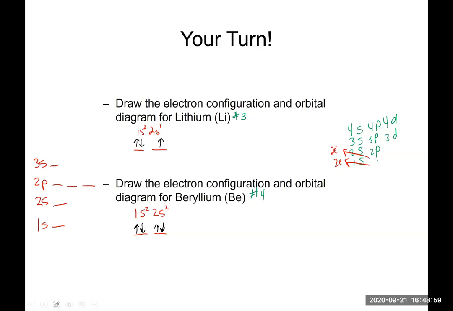On a test, though, I don't expect you to do that because you don't have quite as much room. And so if we were doing beryllium, for example, on the videos, you're going to see it done like this, right? But I'm telling you to do it this way. Electron configuration and orbital diagram is on the bottom because it saves a little bit of space.